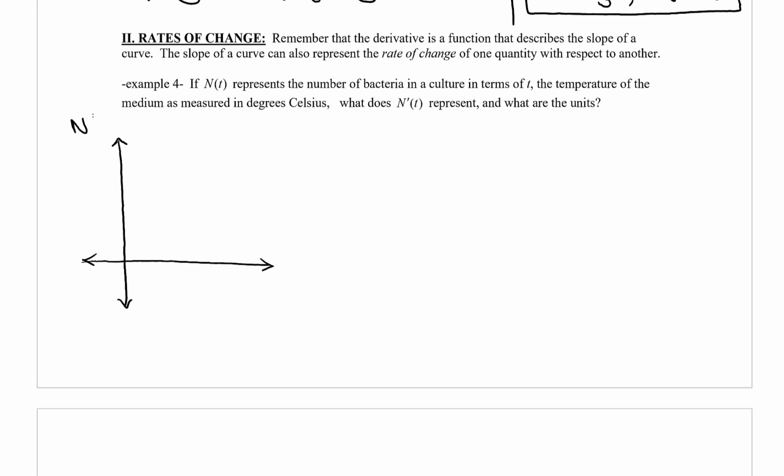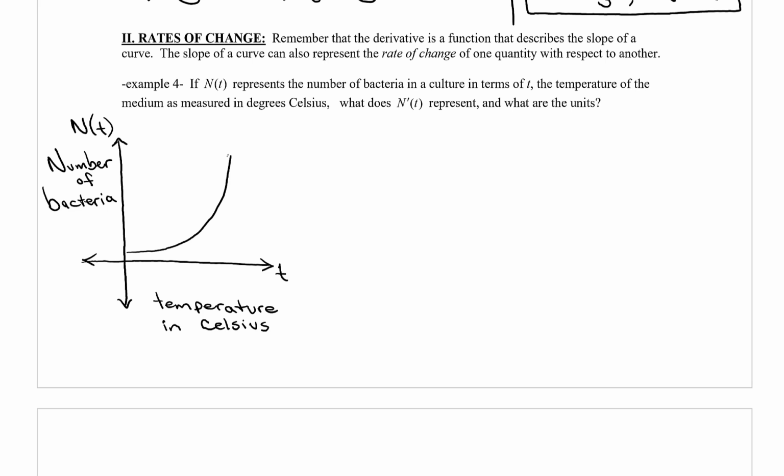My y-axis is labeled with N(t), which represents the number of bacteria in a culture in terms of t, and my x-axis is labeled t, which represents the temperature. I'll write the word temperature underneath the t-axis, in Celsius, remember that's degrees Celsius. Next to the N(t) axis, I'm going to write number of bacteria.